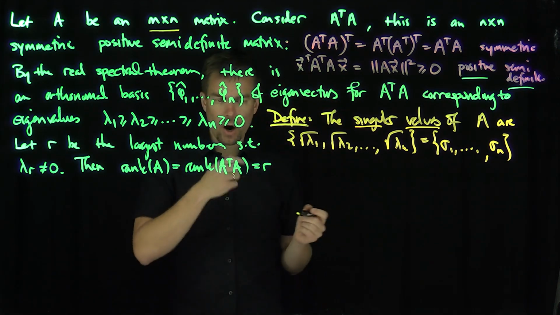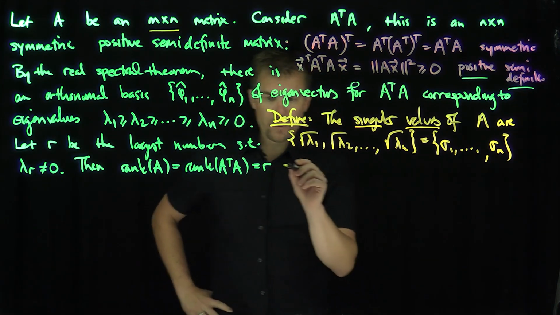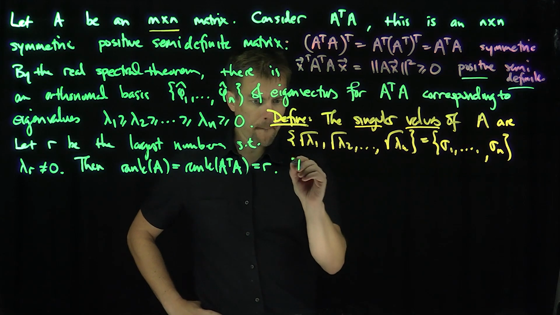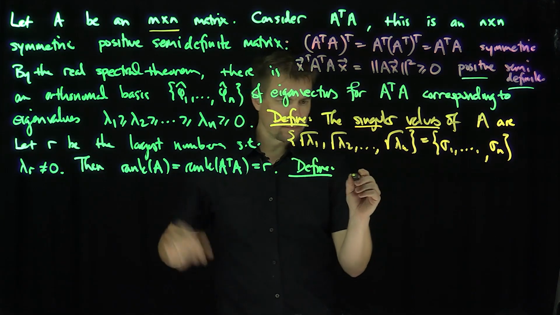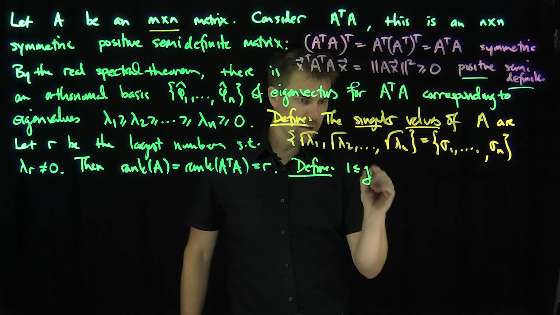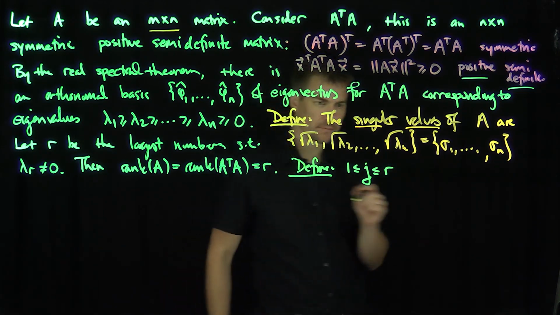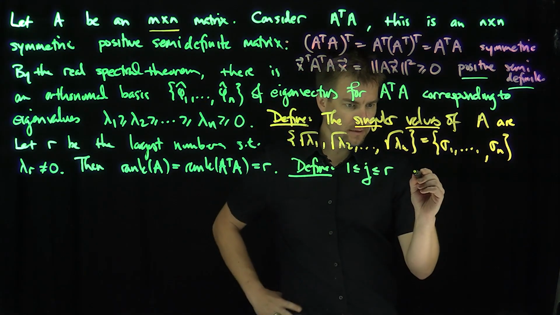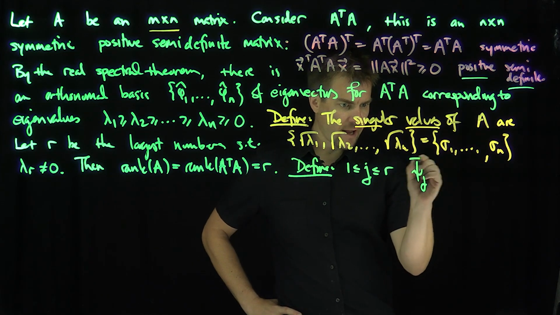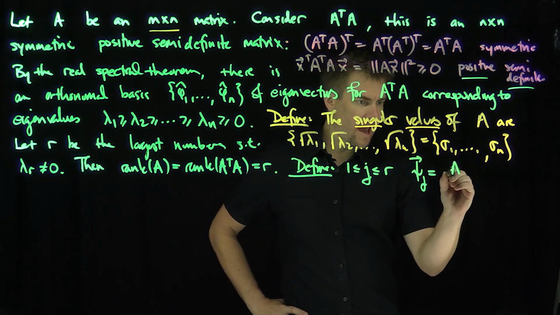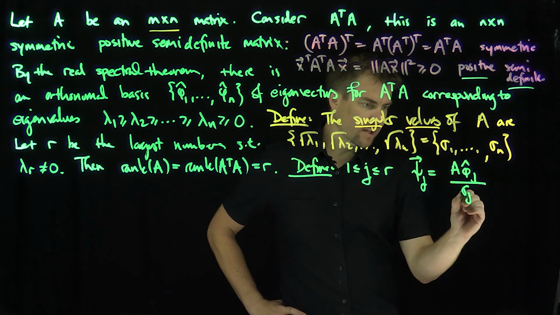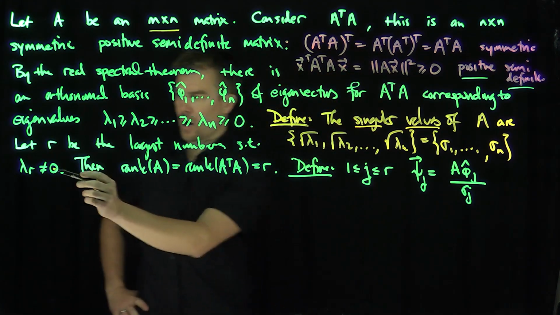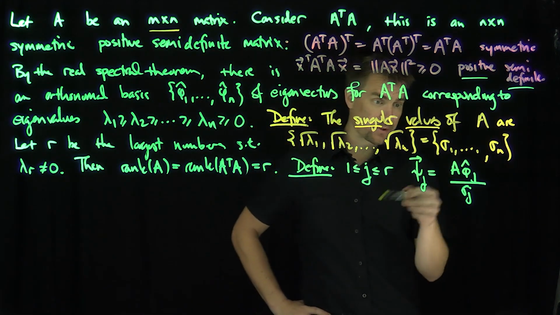So that's r. Now we're going to define, for 1 less than or equal to j less than or equal to r, some new vectors psi j, which is A of phi j hat over sigma j. In this range, the sigmas are not equal to 0, so this is perfectly well defined.